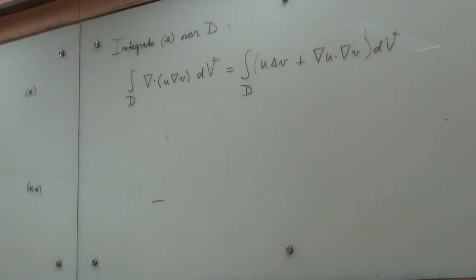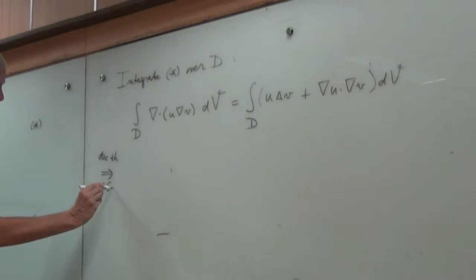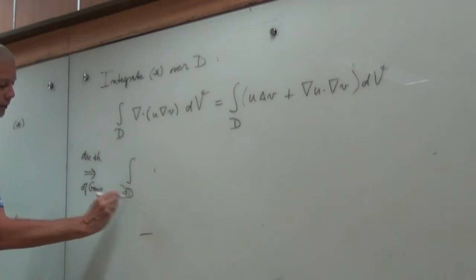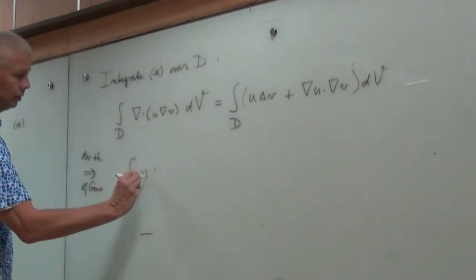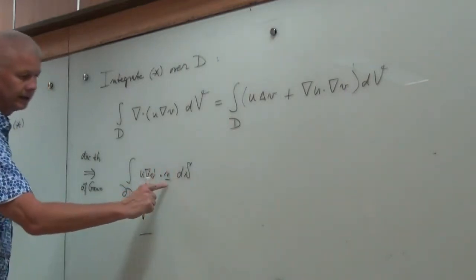Do you know a theorem, when you have the divergence of a vector field and you want to integrate it over a domain? Which theorem do you know about an integral? The divergence theorem of Gauss. Then this integral becomes an integral over the boundary of my domain of u gradient v in a product with the outward normal vector.